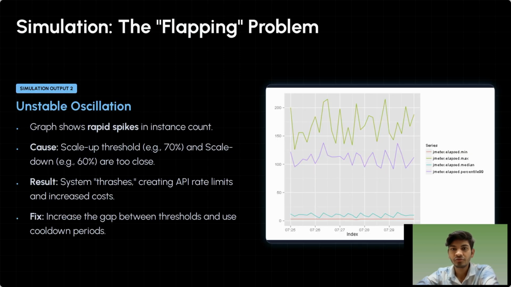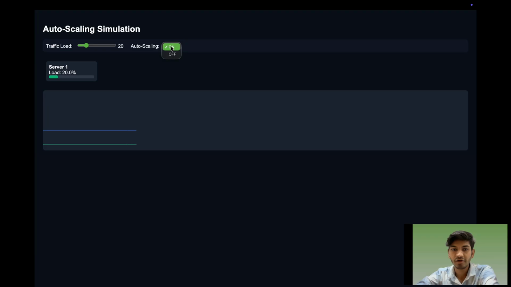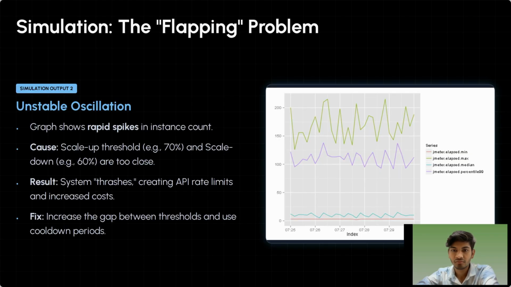In real cloud systems, one major issue is called flapping. This happens when the system keeps scaling up and down repeatedly. Let's simulate that. First, I'll turn autoscaling on and increase the traffic. The system sees the high load and adds more servers. This is good. Now watch what happens if I quickly drop the traffic.